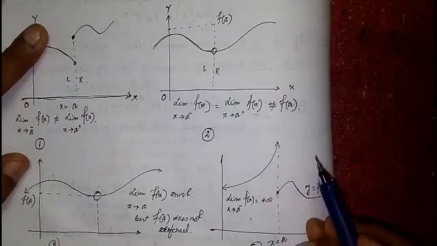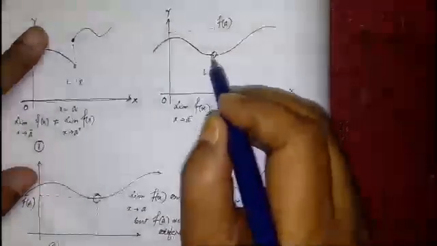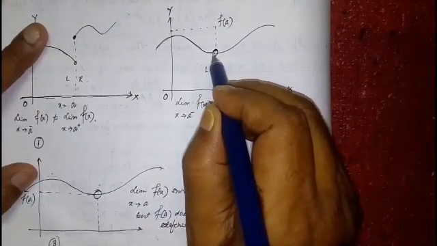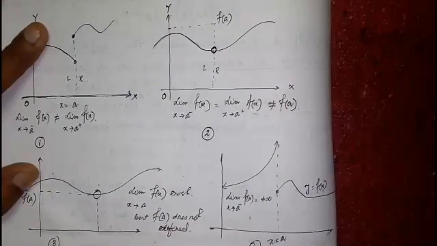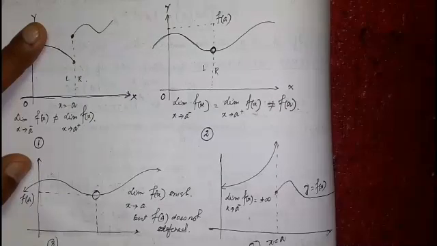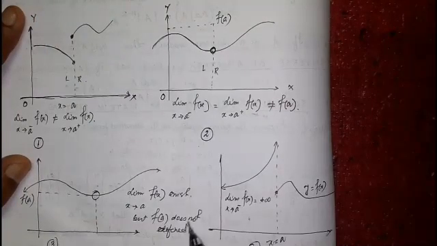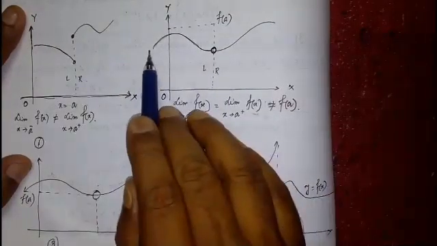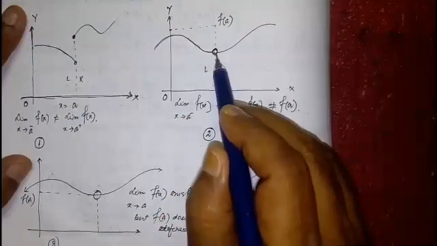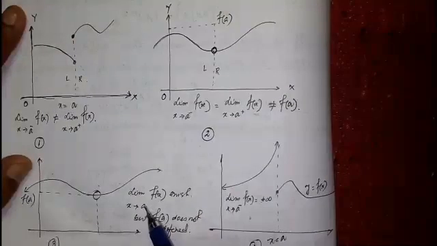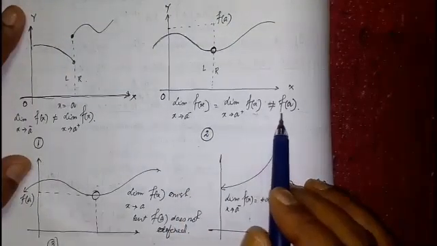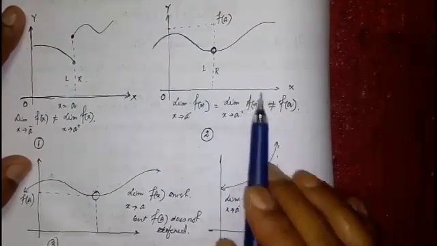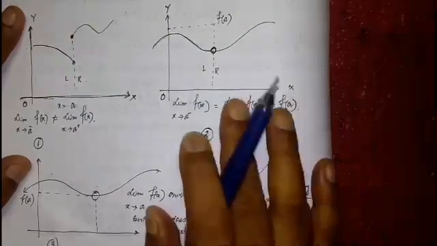Now what we see is that this circle remains blank. What does it mean? Their values are not equal. That is, limiting values are not equal to f of a. So this is also one kind of discontinuity.